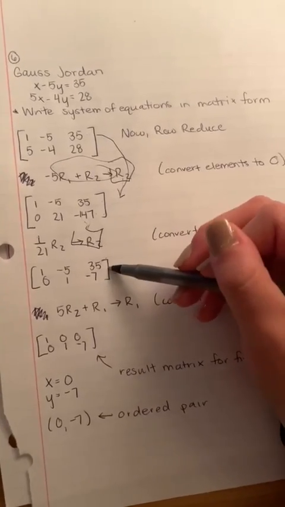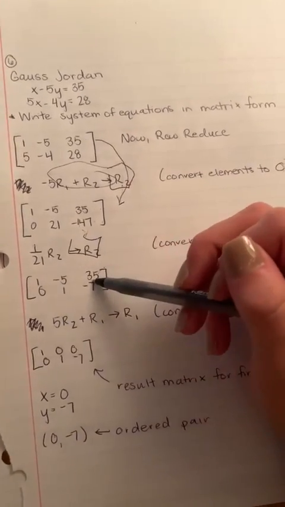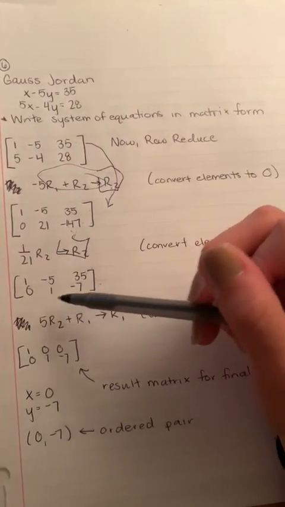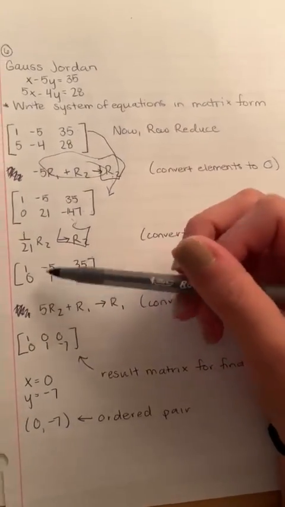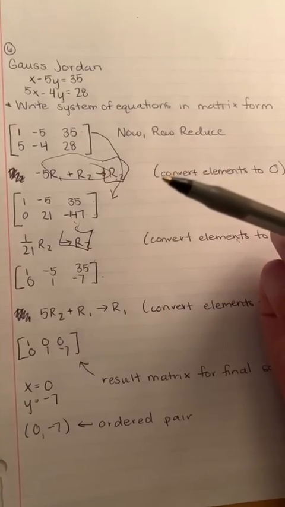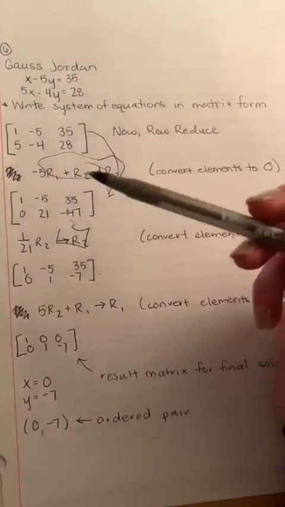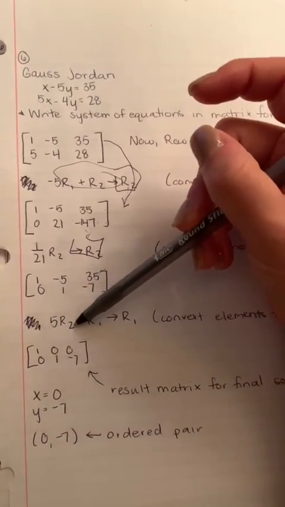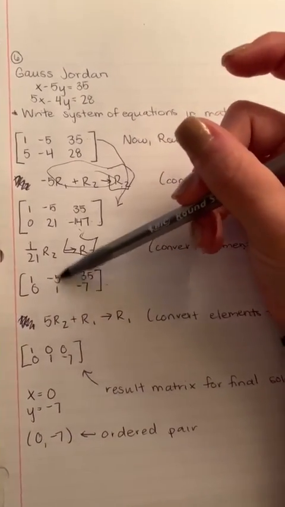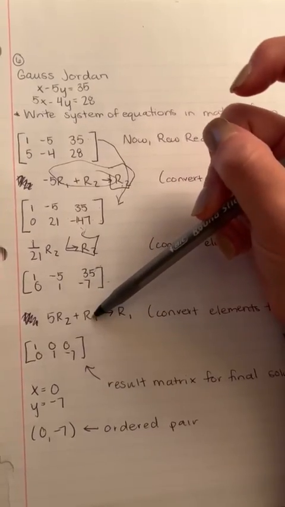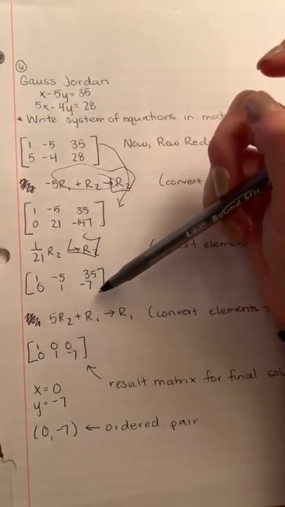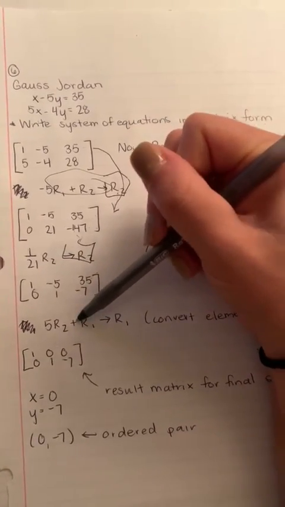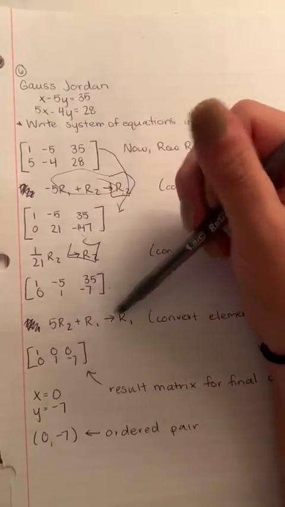Finally, when we have this, 1, negative 5, and 35, 0, 1, and negative 7, we're finally going to change our row 1. So how are we going to get row 1 down to 1s and 0s? I chose to multiply 5 times row 2 so that our 5 and negative 5 cancel out because we're going to add it to row 1. So it would be 0, 5, and negative 35, which fits perfectly when added to our row 1 to give us a new row 1.